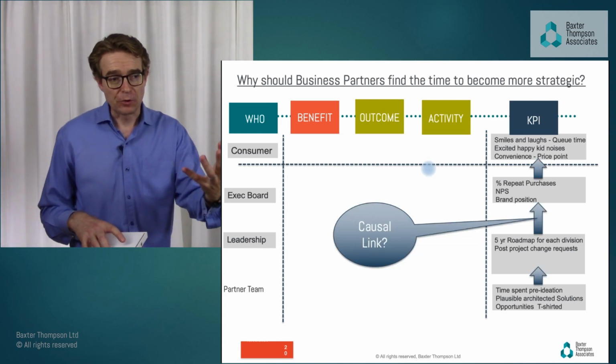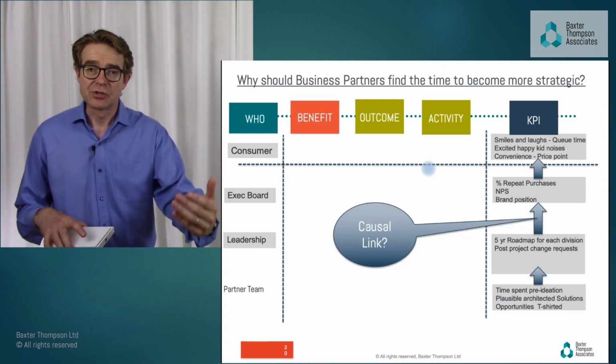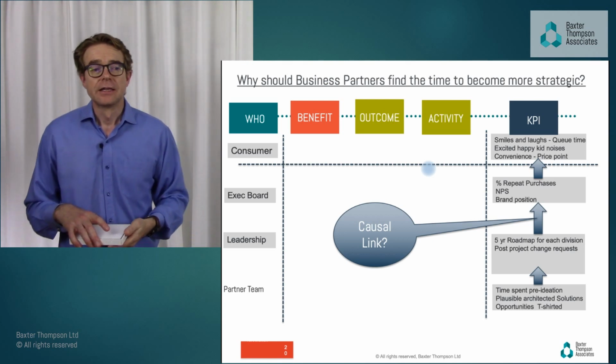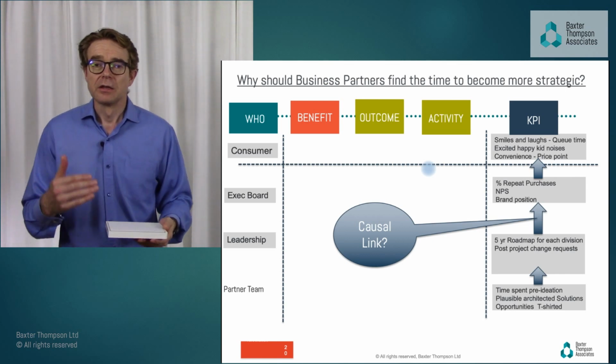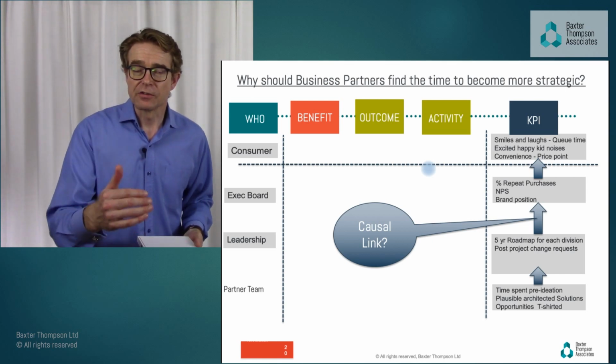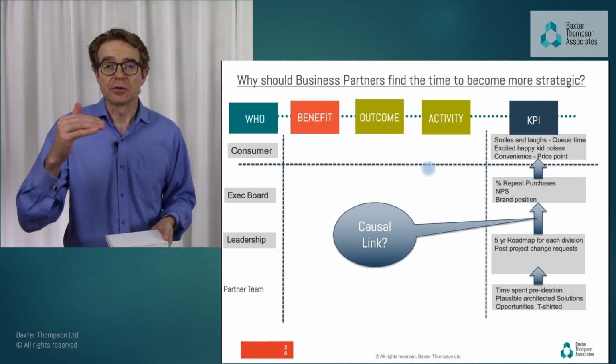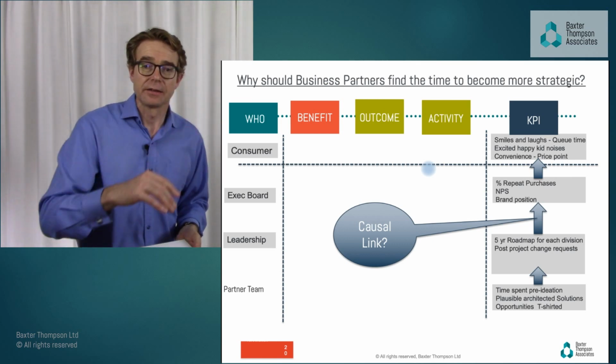Now, I've spoken about the causal link and demonstrating, this is where it is. If you've defined the measures properly, then you should be able to say, look, this activity is going to deliver these outcomes, and we can compare and contrast these different measures so that you can build up towards the end outcome.